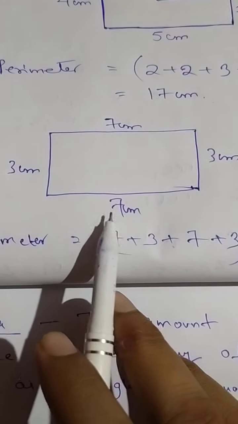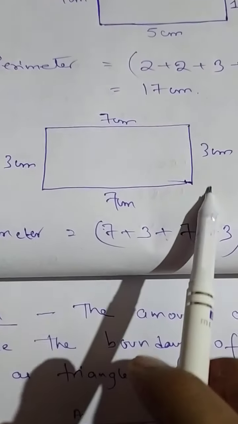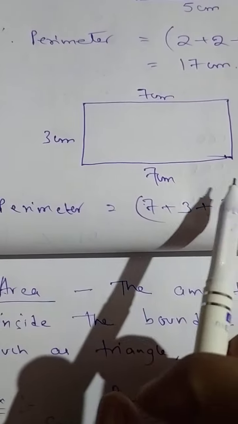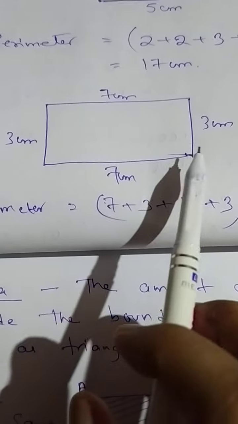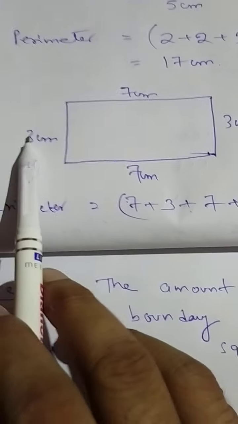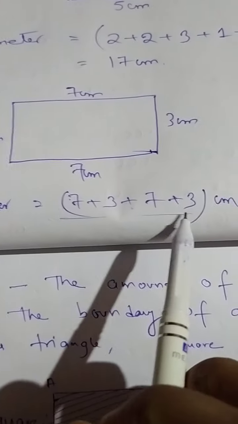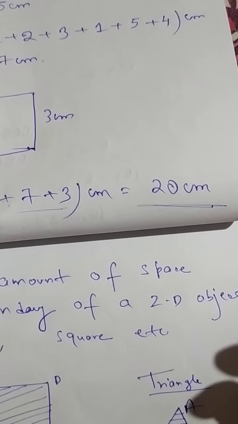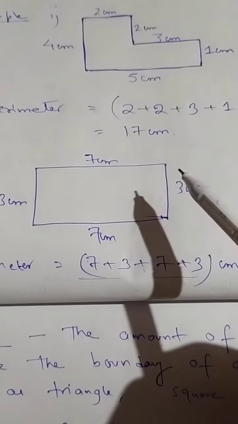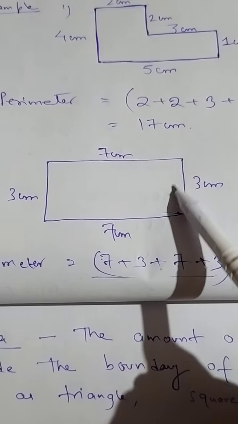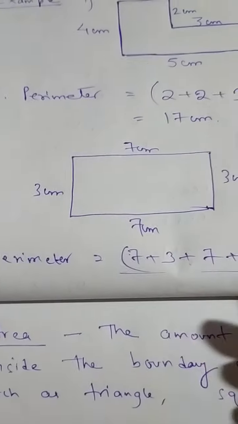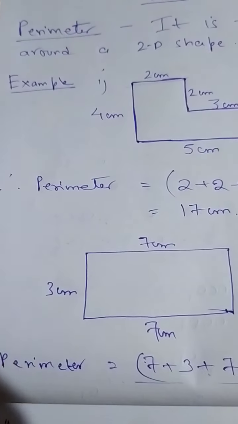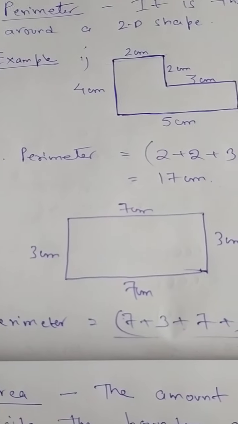This is a rectangle: 7 cm, 3 cm, 7 cm, 3 cm. What will be the perimeter? Just add all the sides. So 7 plus 3 plus 7 plus 3. If you add, your perimeter will come 20 cm. Simple. Perimeter is nothing but adding the sides. The lengths of the sides will be given and you add them. You will get the perimeter.